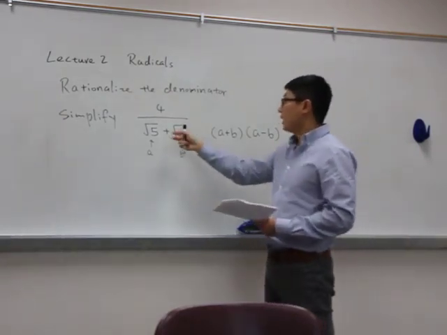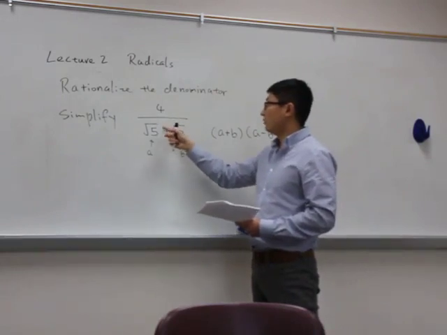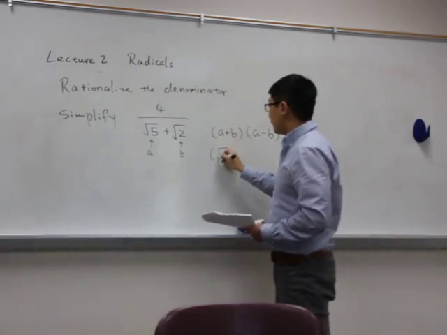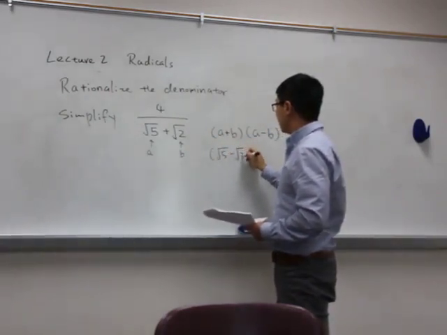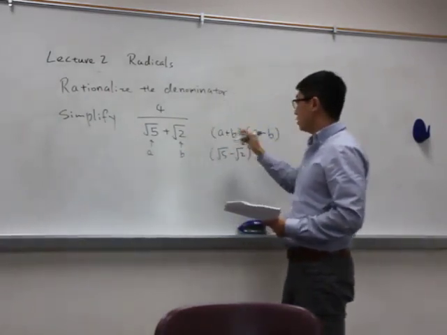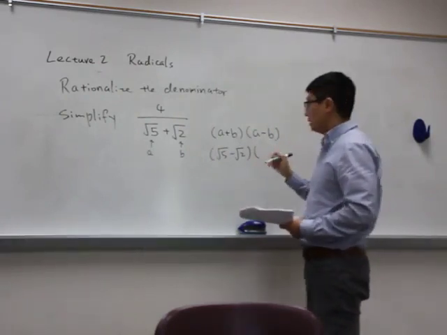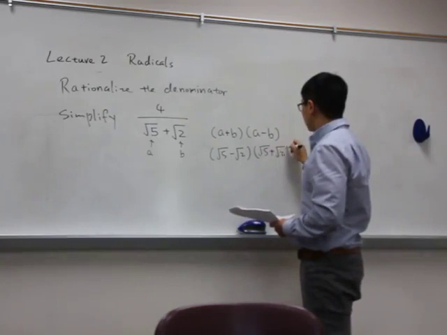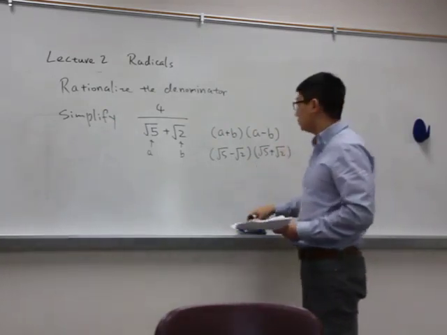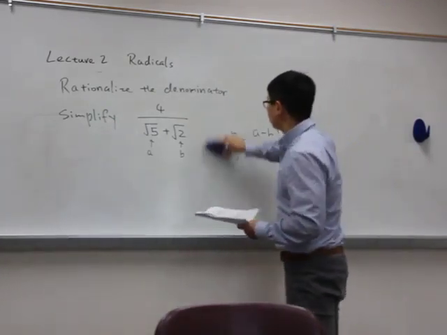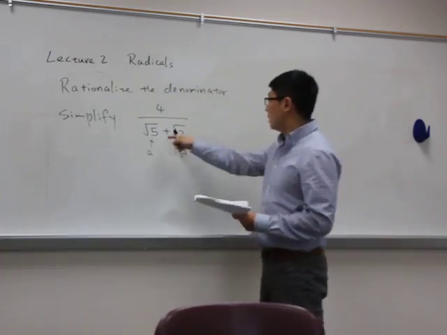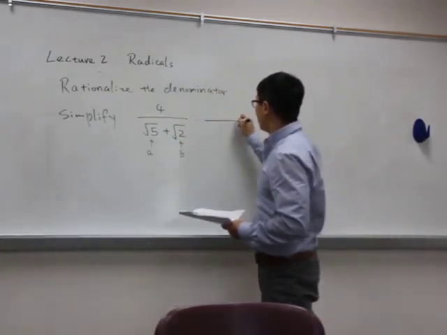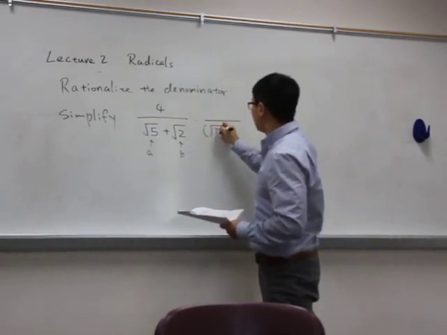And if my denominator is the square root of 5 minus the square root of 2, then I will need to multiply the numerator and denominator by A plus B, which is the square root of 5 plus the square root of 2. Okay. So since now the denominator is in the form A plus B, I multiply by A minus B.